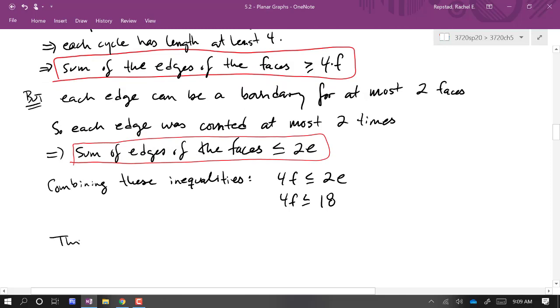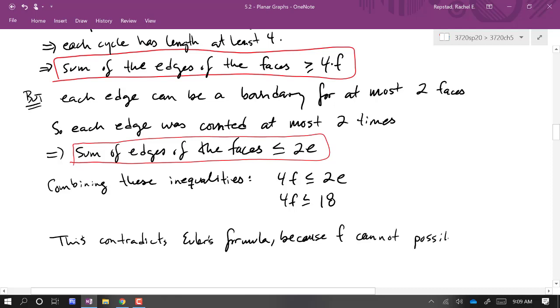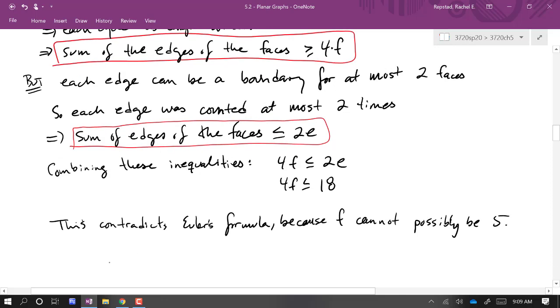So this contradicts Euler's formula. And that means that this graph, K33, is non-planar.